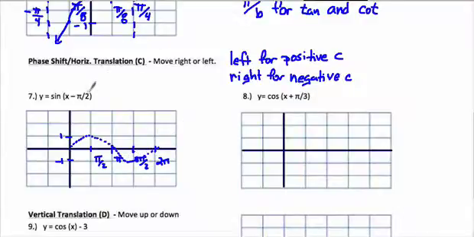And now, where am I going here? So I'm going to go right pi over 2. It's nice and easy when the squares that we have here are the same increments of how much we want to move. So pi over 2 is just one square. That makes things really easy. I can just go here and move everything to the right.